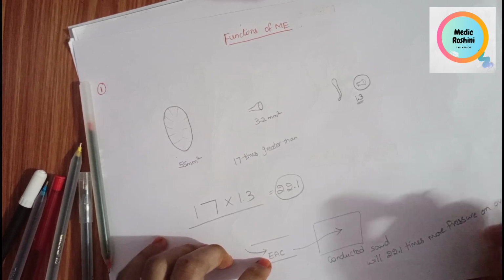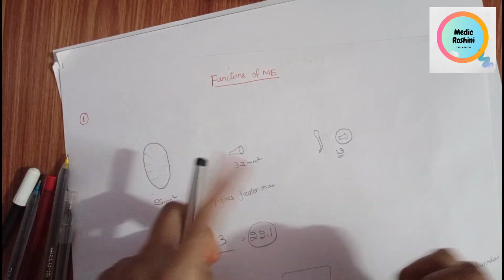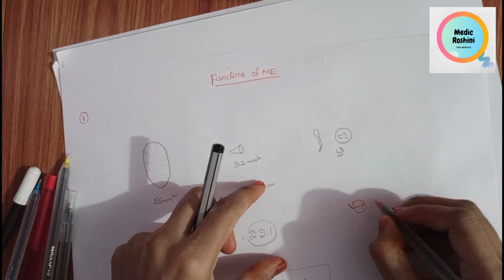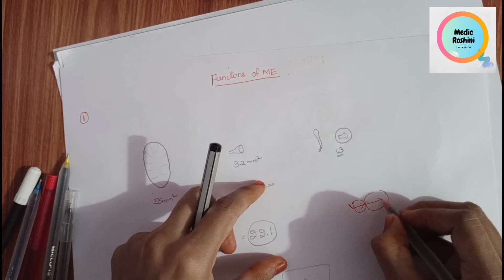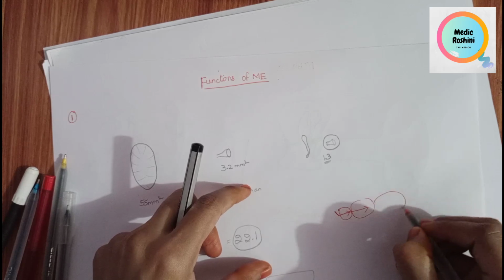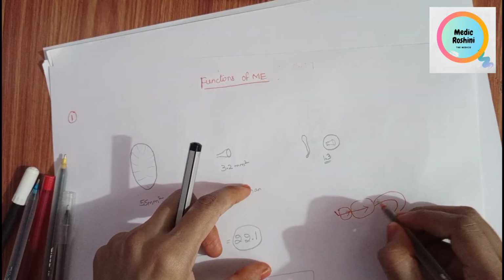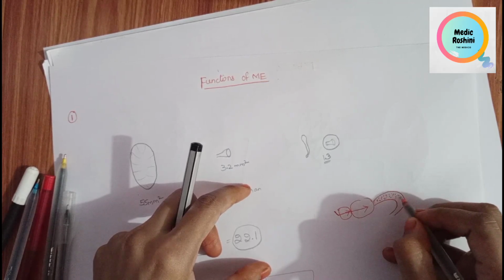Why we have to discuss all these things: normally the sound waves are transmitted in the air, in the external acoustic meatus or in the middle ear. All these sound waves travel in the air medium. After the middle ear, the sound wave should travel through the inner ear, in the liquid, to stimulate the organ of Corti.